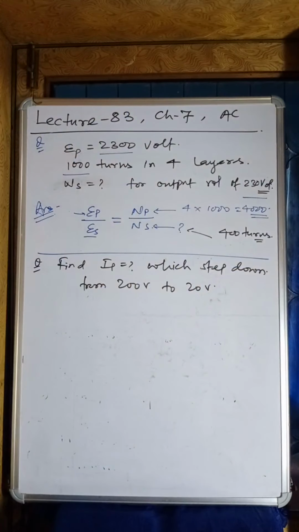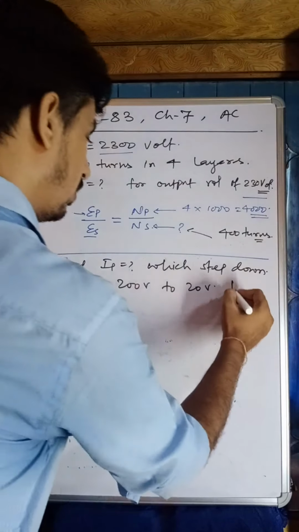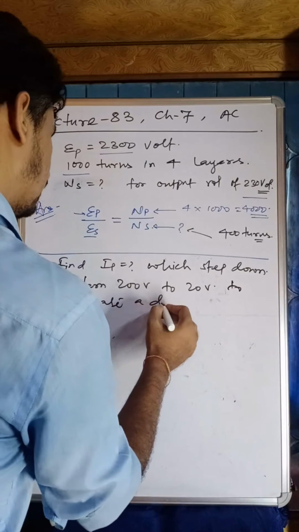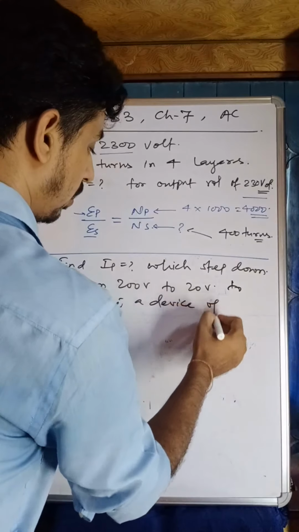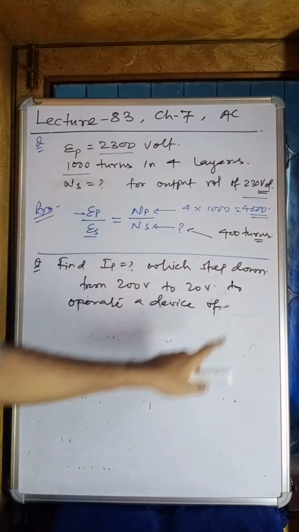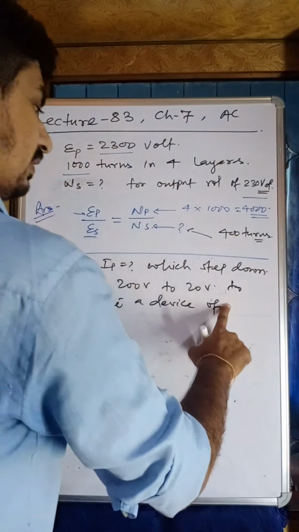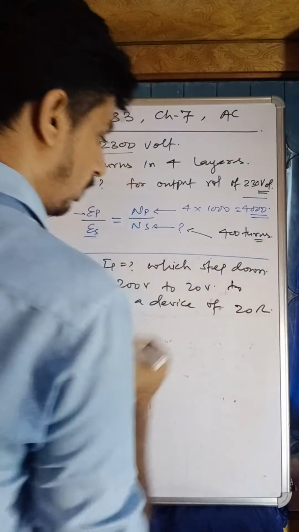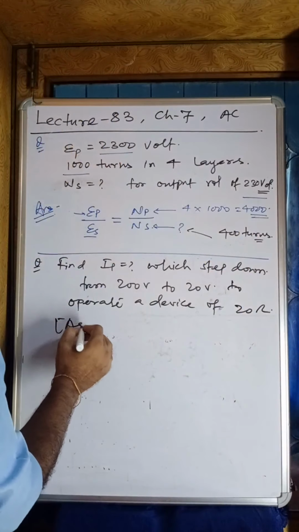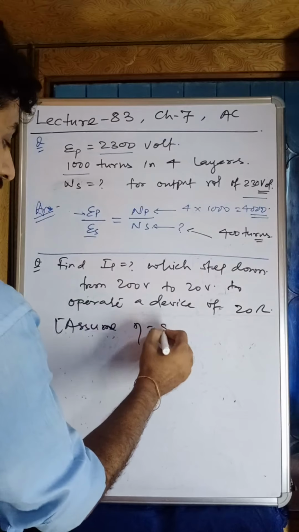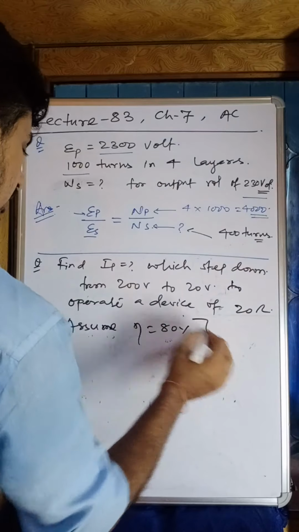And it is to operate a device at the output circuit of 20 ohm, and you have to assume it's not an ideal transformer. Assume efficiency as 80%.